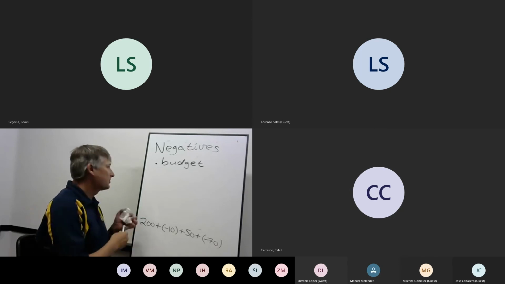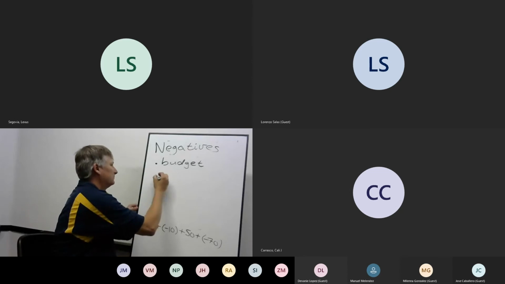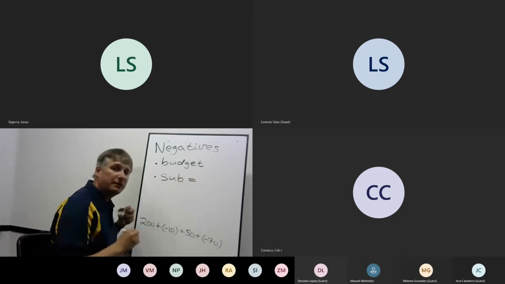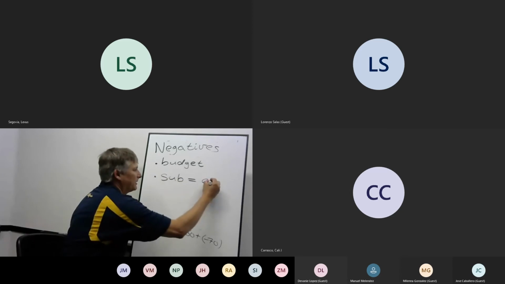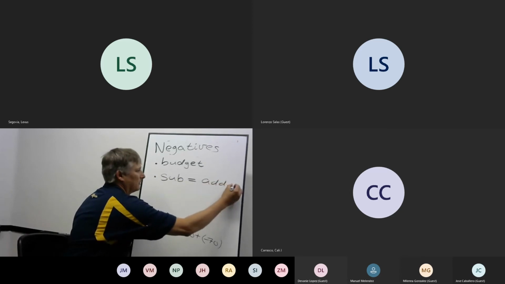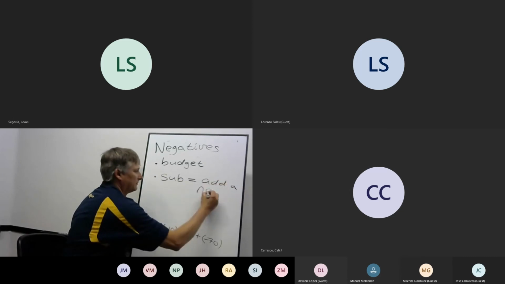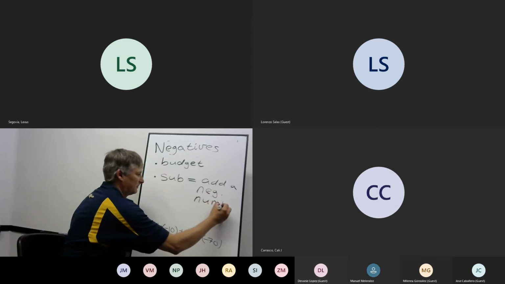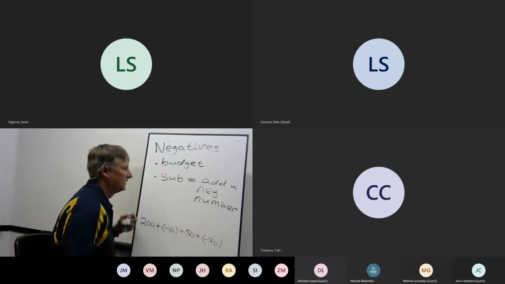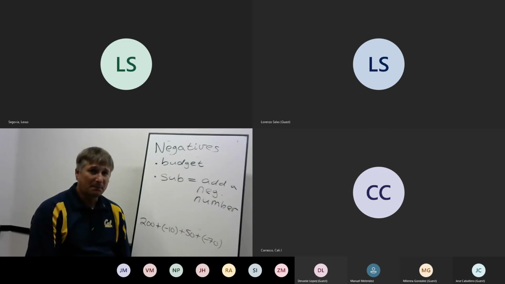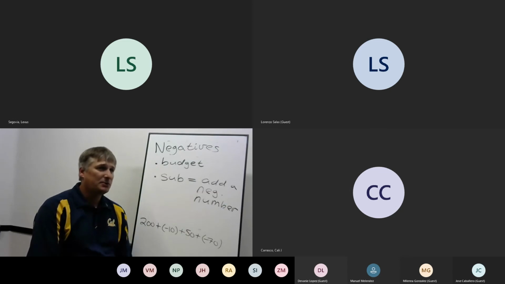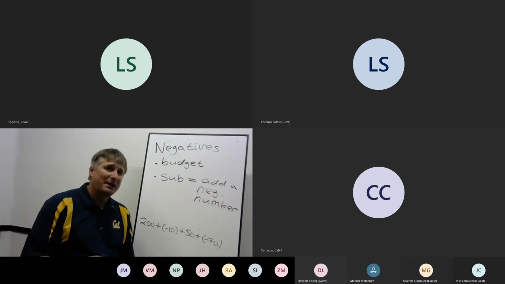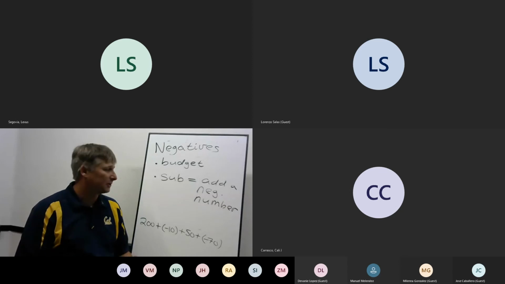That subtraction, what this really is, is adding a negative. These ideas are the same. So every time you see a subtraction, you can think of it as adding a negative. Every time you're adding a negative, you can think of it as a subtraction.